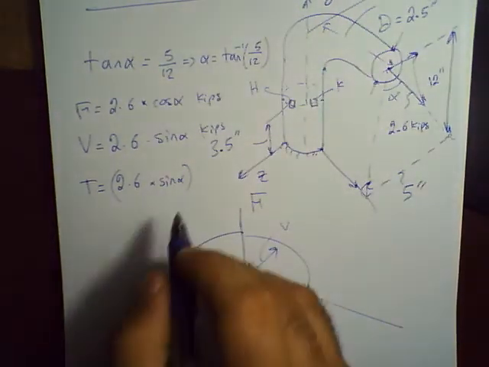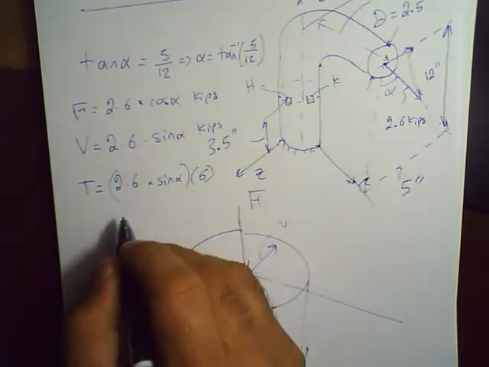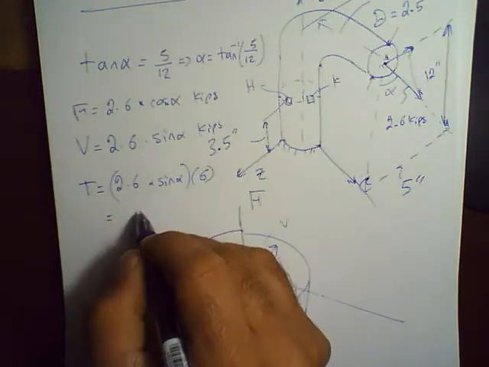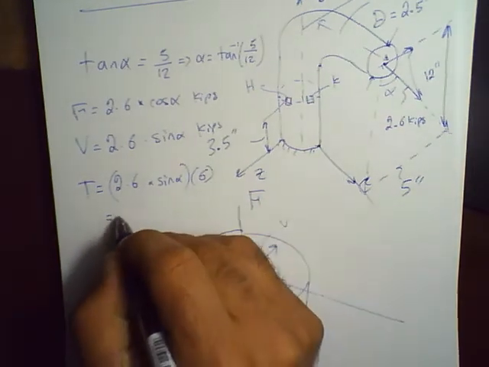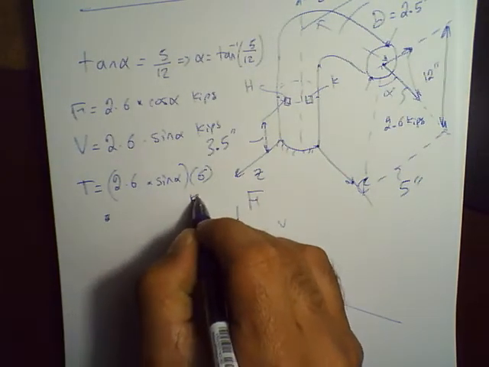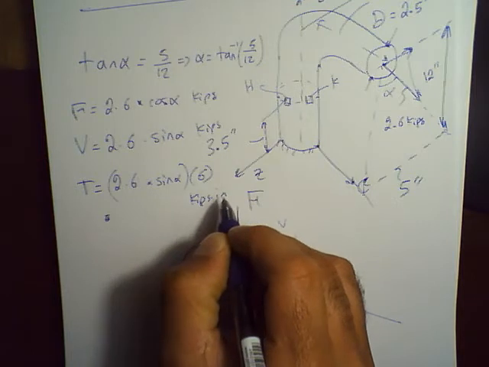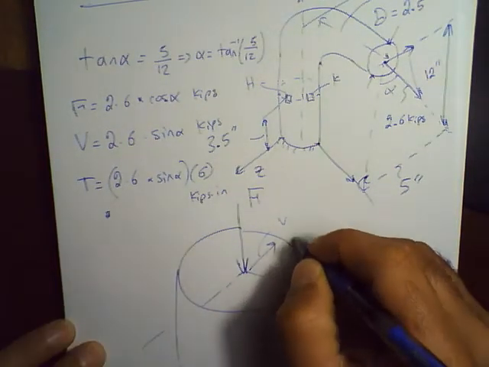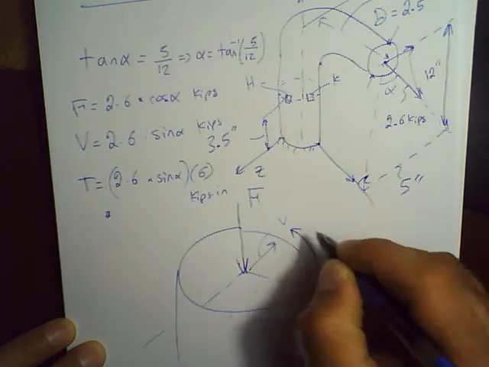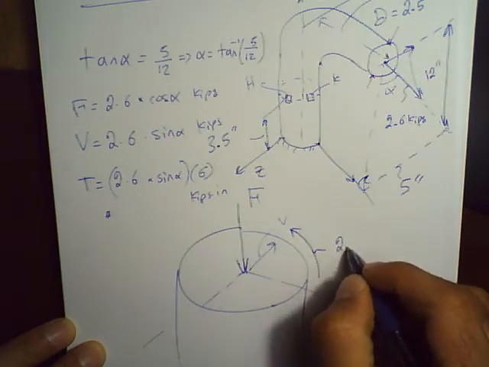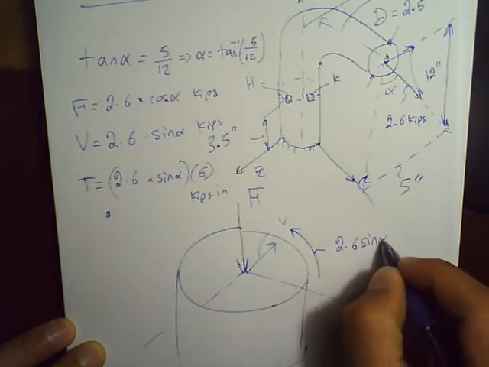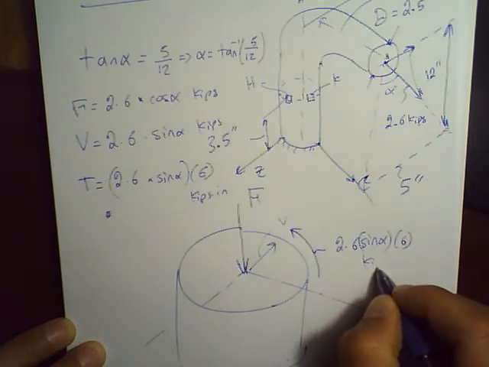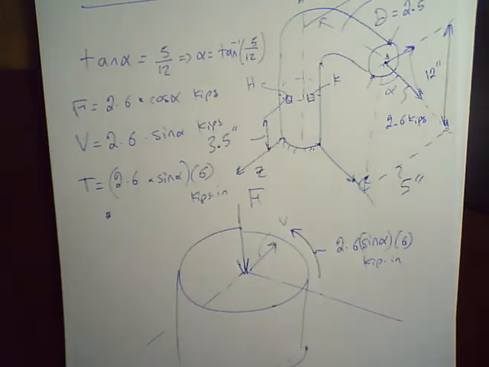So 2.6 times sine alpha times 6 inches, in kips, so that number is gonna be in kips times inches, right? So now we have the torque. The torque applied on the cross section is going to be equal to 2.6 sine alpha multiplied by 6 kips times inches.